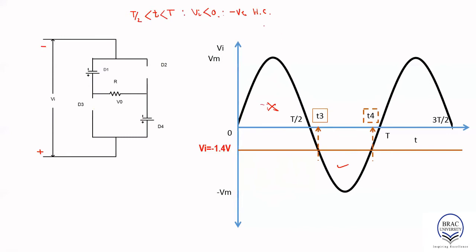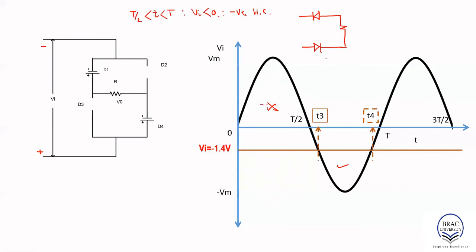So again, we're going to determine the transition state voltage. For that, we need to draw the circuit first. So let's redraw the circuit. Okay.